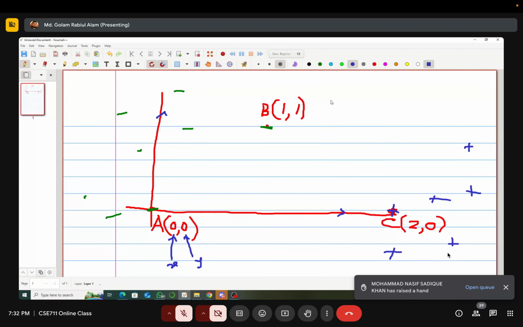So in such a case, if we want to draw the hyperplane, then the hyperplane equation will be a kind of line equation. It can be any line equation like this.